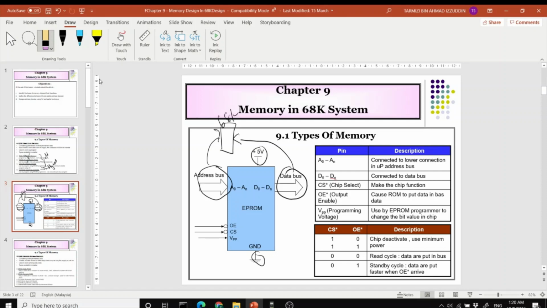If it's in 0 1, it is in standby cycle, where the data are put faster when OE arrives, and OE is turned to 1, output enable is turned to 1. So this is a bit on the chip architecture of EEPROM.